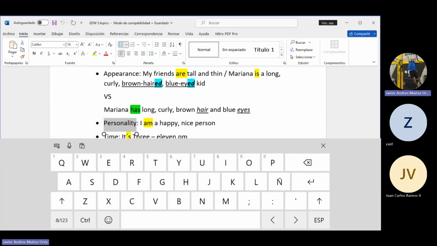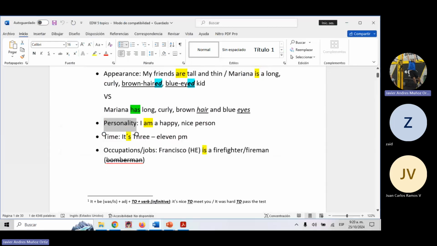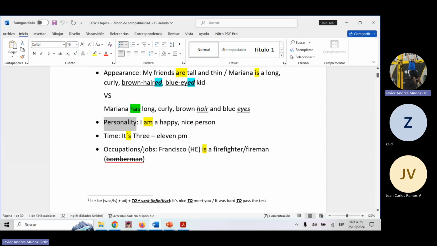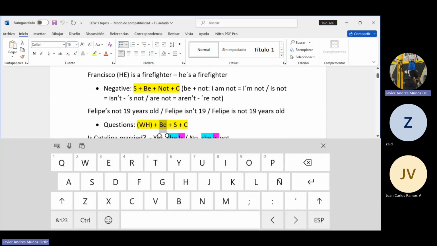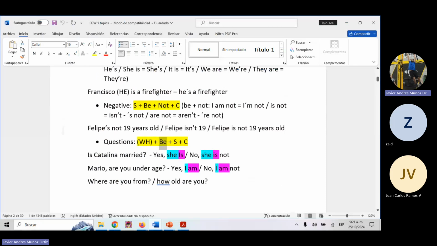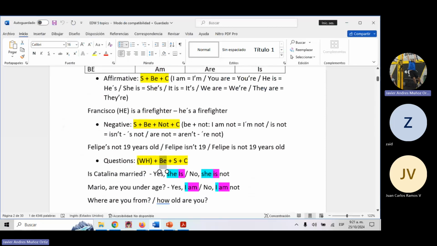Take into account that when we create the question, we use the verb es, or is in English, at the beginning to create the question. I mean, we use the main verb, the verb to be, at the beginning. So we switch words to create questions. The same structure we have in Spanish is the same structure we have in English. Therefore, the organization is pretty much the same.